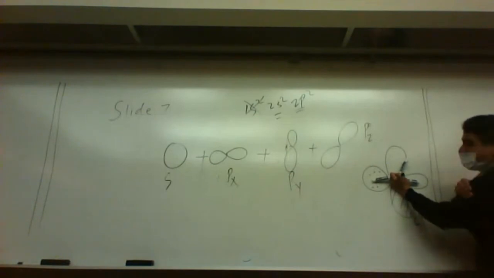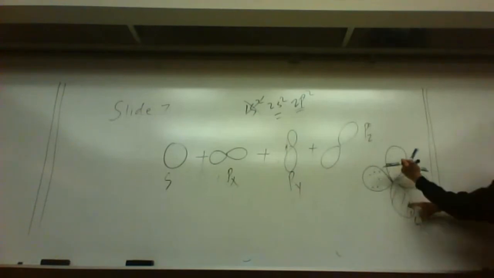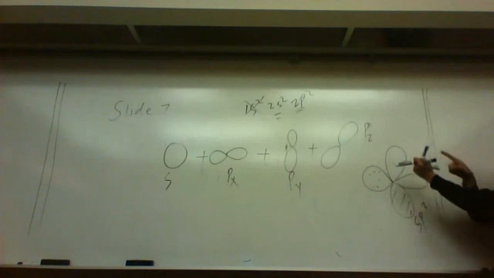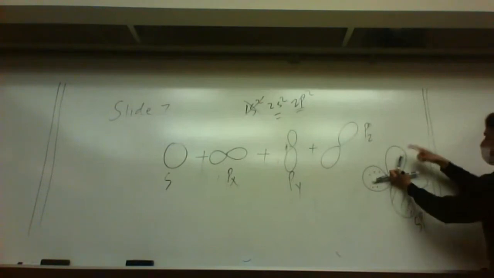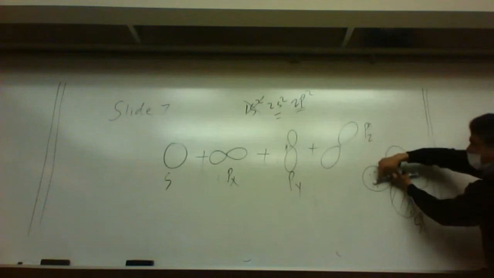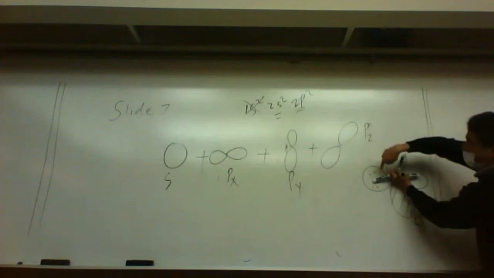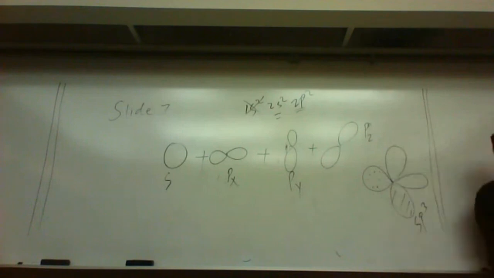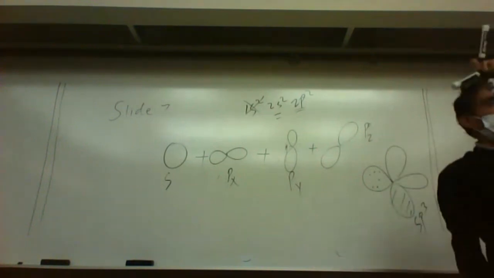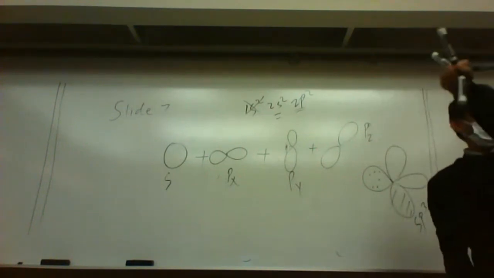Make sense? So this is the sp3 orbital. This lobe is this one, and this is this one, and the one penetrating the board, trying to go away, is this one. Make sense? So this is the sp3 orbital.